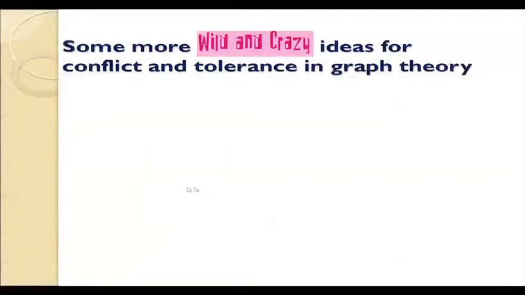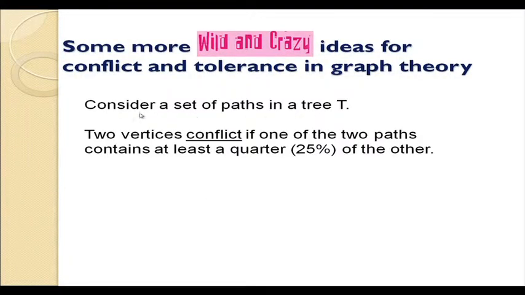So here are some more ideas for conflict intolerance in graph theory. Consider a set of paths in a tree. Two vertices conflict if one of the two paths contains at least a quarter, 25%, of the other.